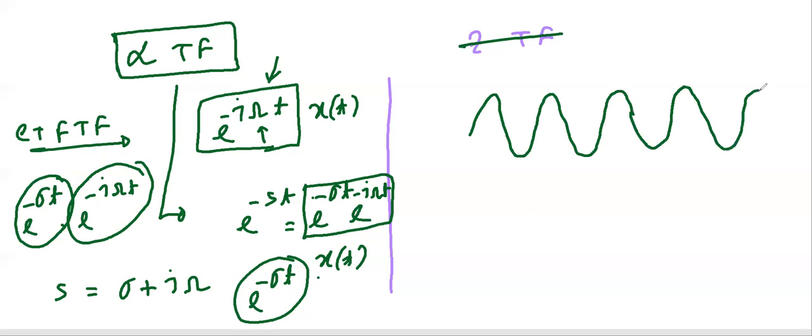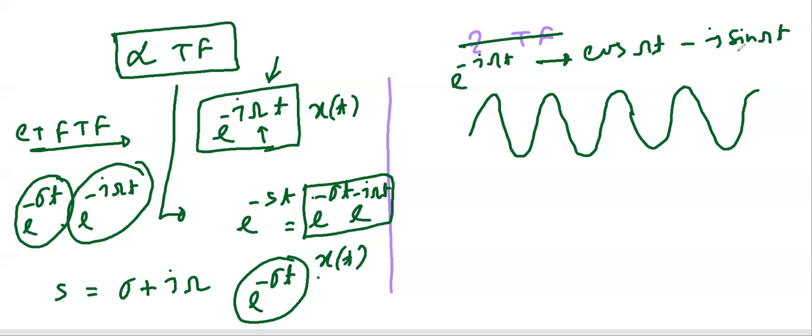Let's think about either part. It will be a pure sinusoid whenever the magnitude is 1. So I'm talking about e to the power minus j omega t. From there, you get cos omega t minus j sine omega t.